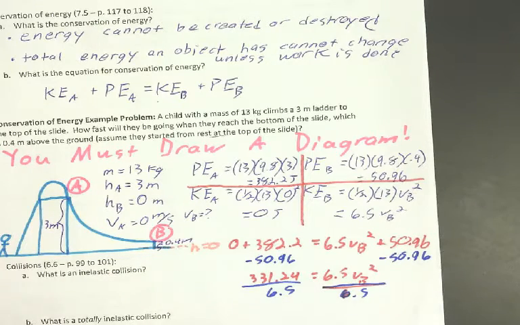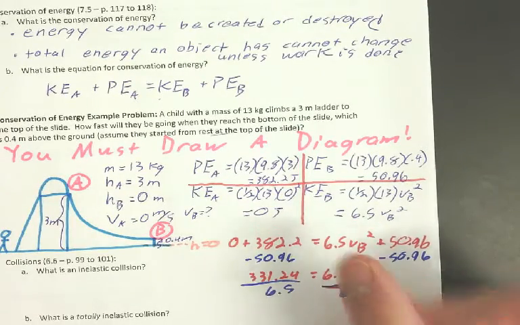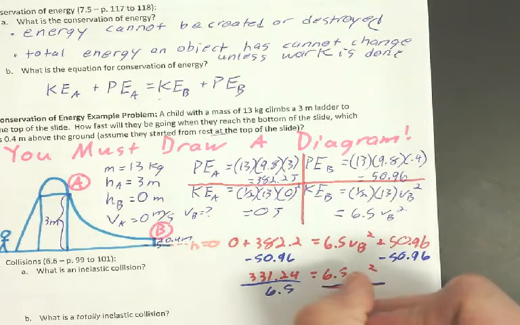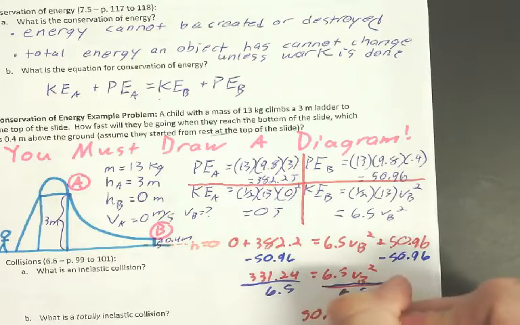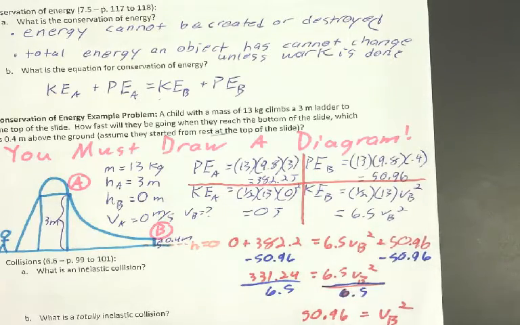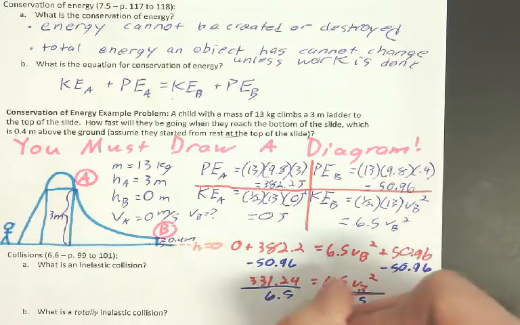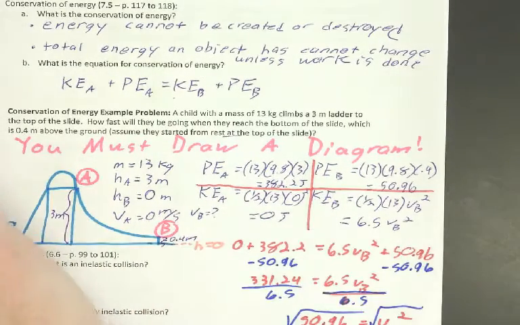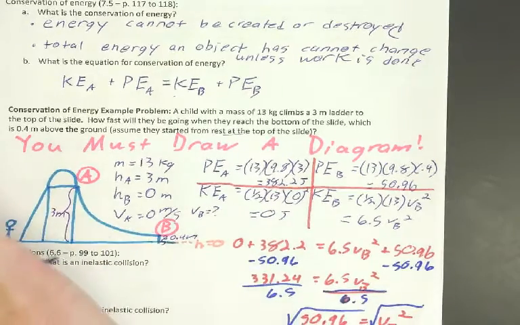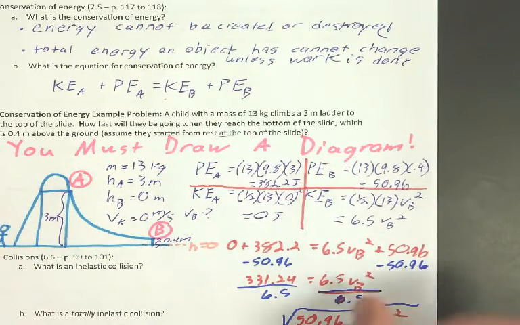Gives me 50.96. That's VB squared. I don't want VB squared. I want just VB, so square root both sides. And the answer is 7.14 meters per second.